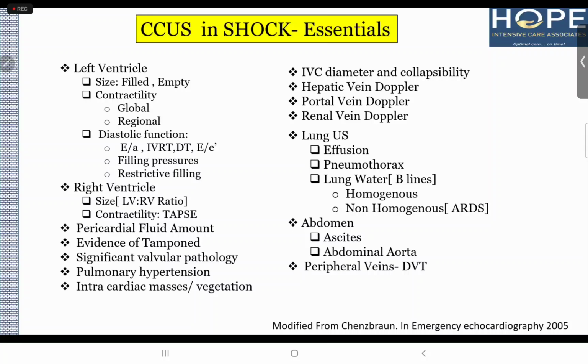When it is put together, we will discuss the VExUS score and its utility in assessing the congestion in the system when you are at the peak of resuscitation. Lung ultrasound is not only going to help us find effusions, pneumothorax and pneumonia, but also help us find out whether your fluid has crept into the pulmonary interstitial spaces.